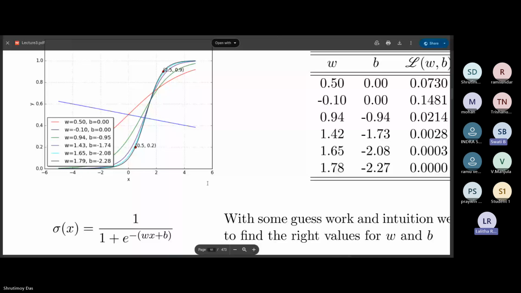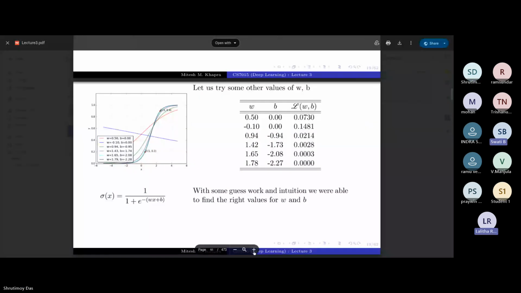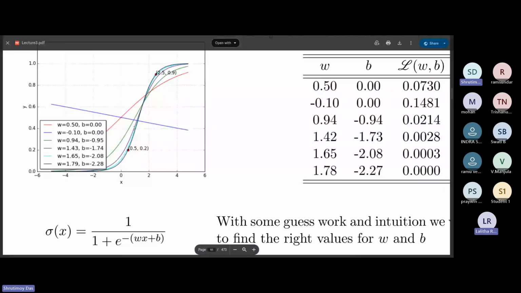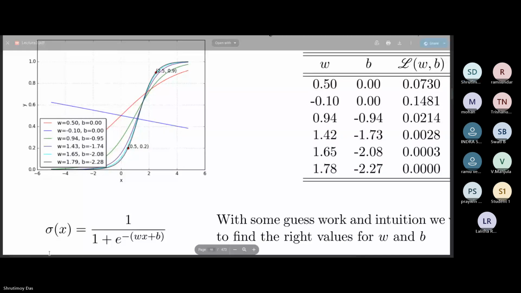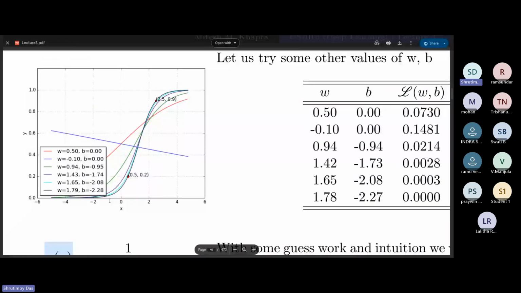What is the difference between this plot and the other plot? In the other plot they plotted in 3 dimensions, but here it is 2 dimensions. Here they are plotting only this logistic function, where y is your function of x.